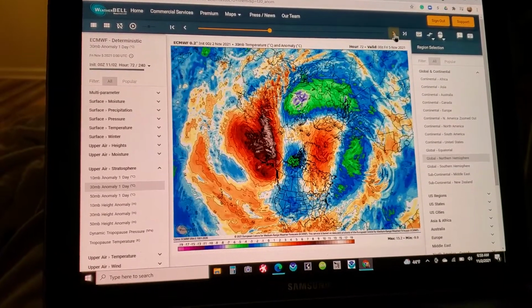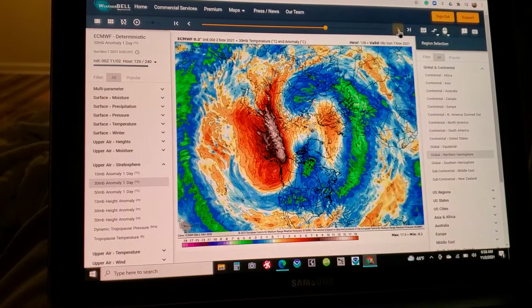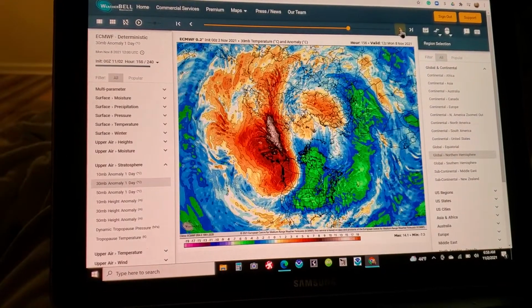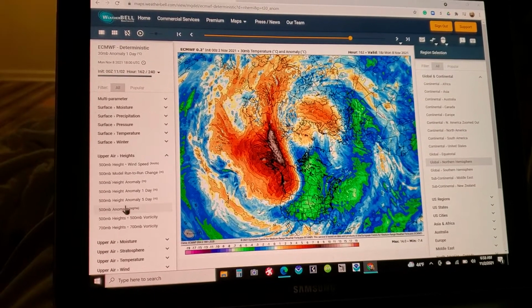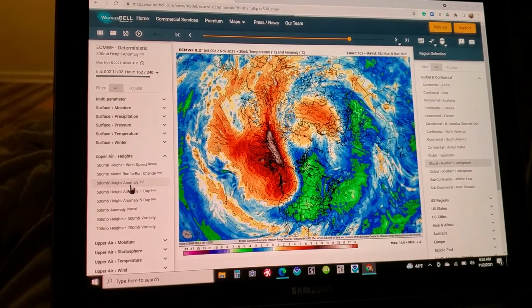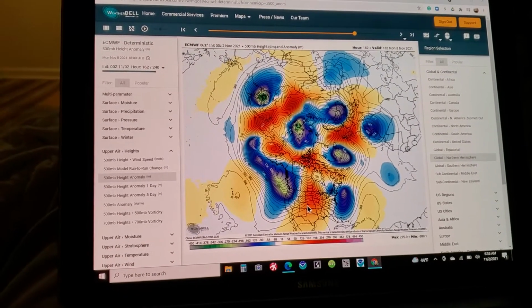There's a 4th, 5th. Let's see where we have the ridge and the trough. So the ridge is over the central part of the country.